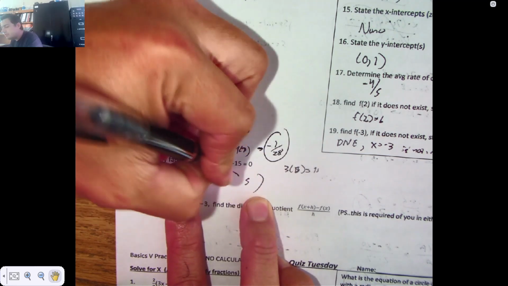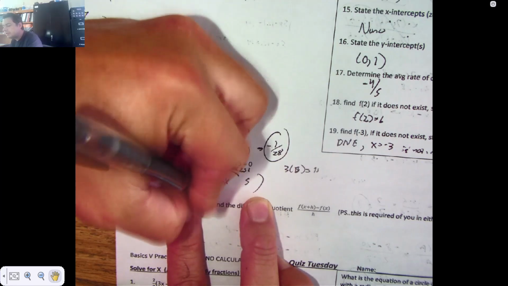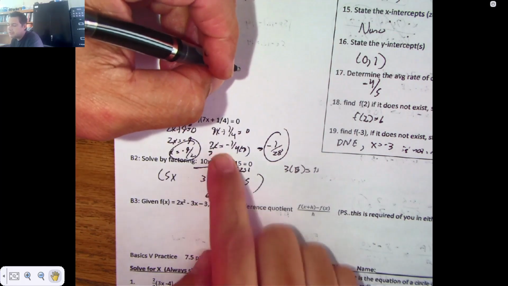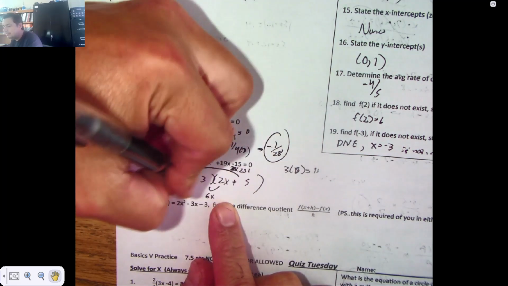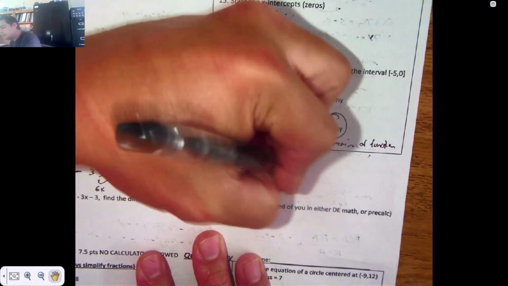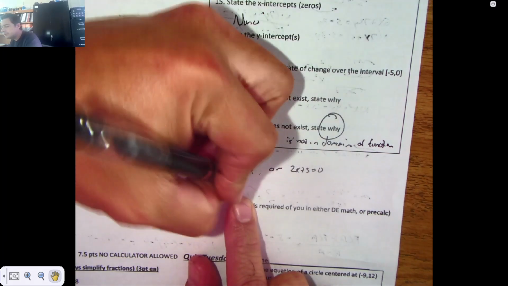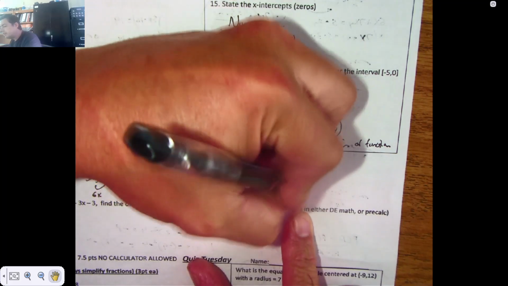The outside makes 25. If I can write, my hand is not keeping up with me. The inside makes 6. 25 minus 6 is 19. There's my signs. Now it does say solve, so you've got to go off the side and you've got to do 5x minus 3 is 0 or 2x plus 5 is 0. They're both simple. And that's 3/5 all day long. That's negative 5/2 all day long.